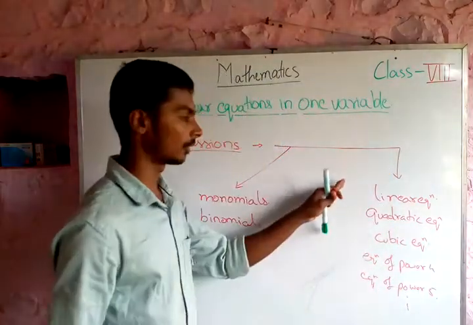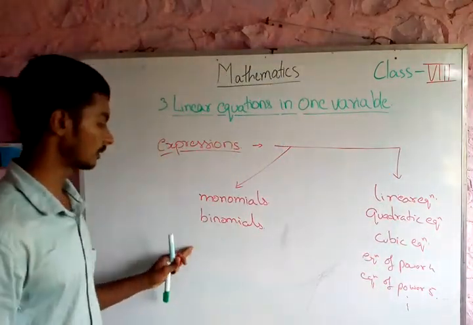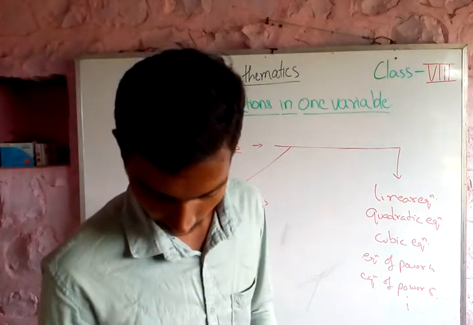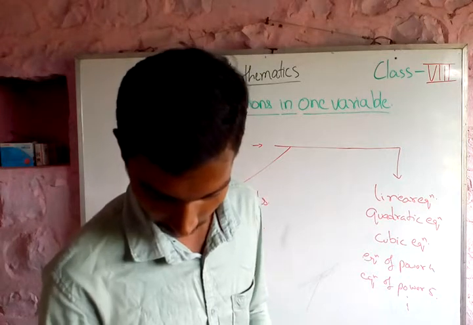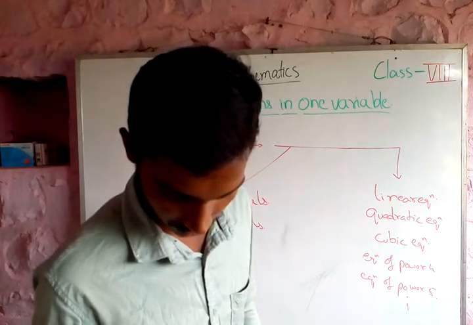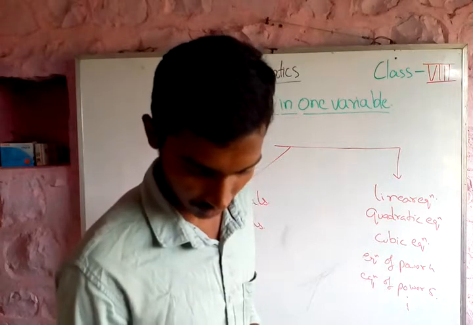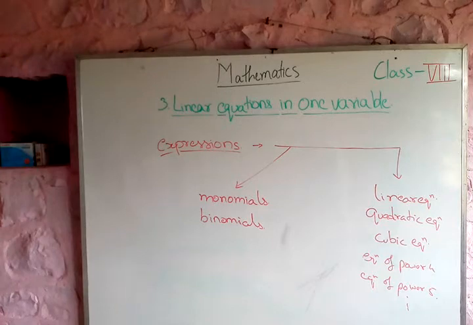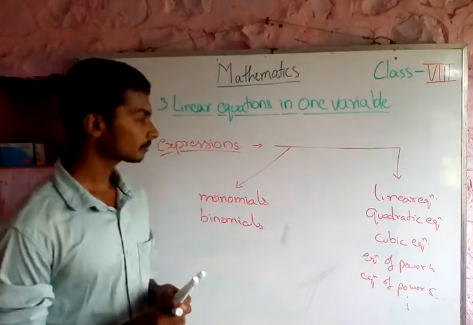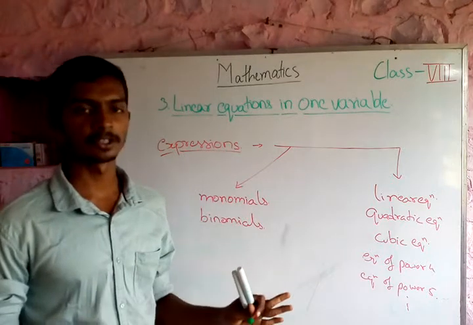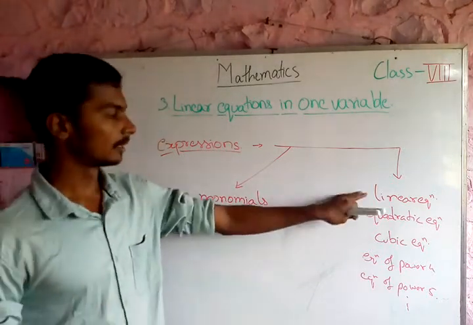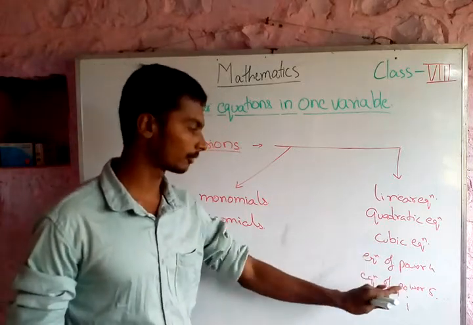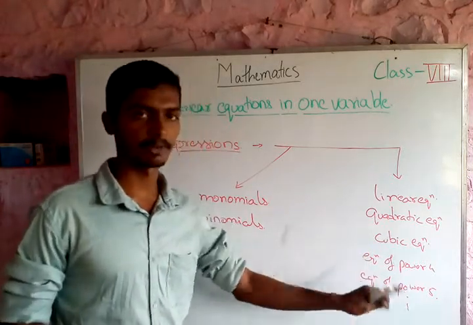Okay, this is one way of classification. This is the other way of classification. Now see here, there are two types of classification for expressions, that is linear, quadratic, cubic, or expression of power 4, expression of power 5, and so on.